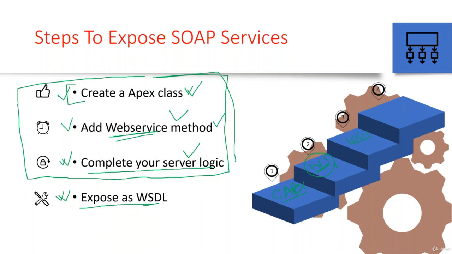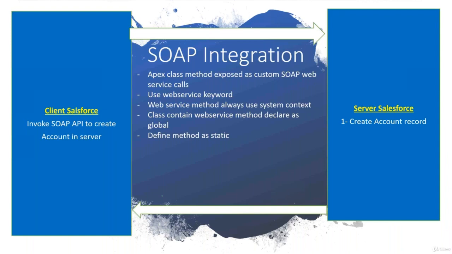I'll come to that part, but before that, understand, whenever you are writing a web service method, your Apex class method is exposed as a custom SOAP web service. For your SOAP integration, you have to define your Apex class, and that Apex class's methods are going to be exposed as web service calls.